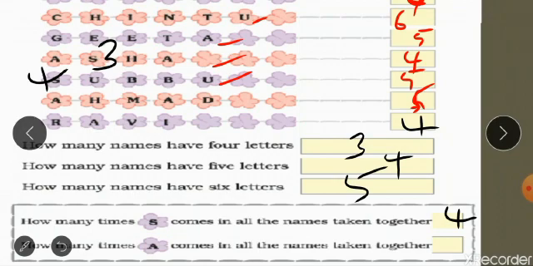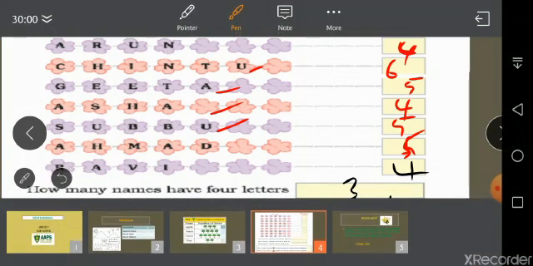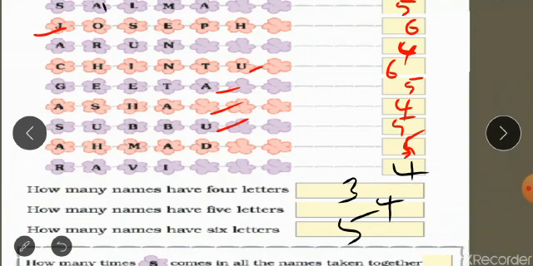So next question, how many times does A come in all the names taken together? So get ready to calculate the letter A from all the names. In the first name, Salma, there are 2 A's present, 1, 2.